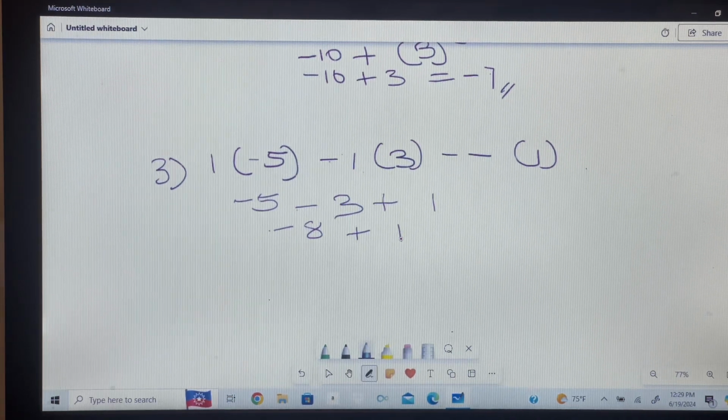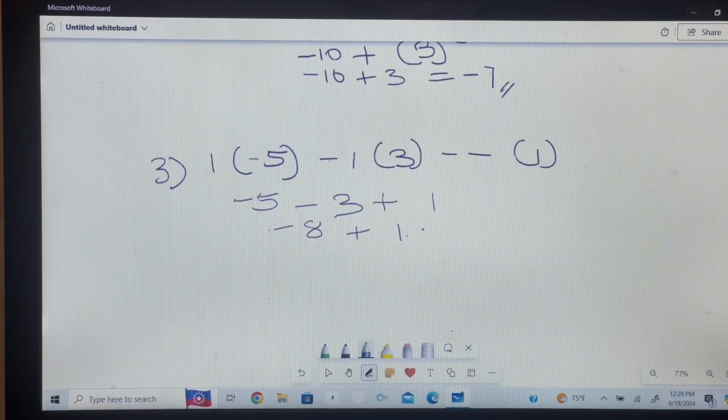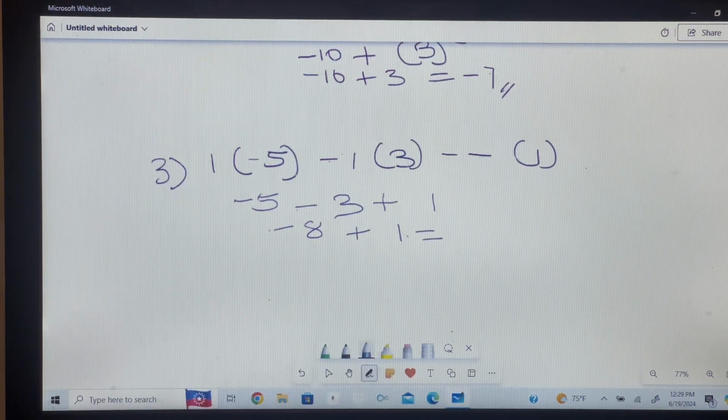Now we have two different signs: minus 8 plus 1. We keep the sign of the larger number, which is negative, because 8 is larger than 1. Then you take the smaller number from the larger number, which is 8 minus 1, which is 7. So the answer is negative 7.